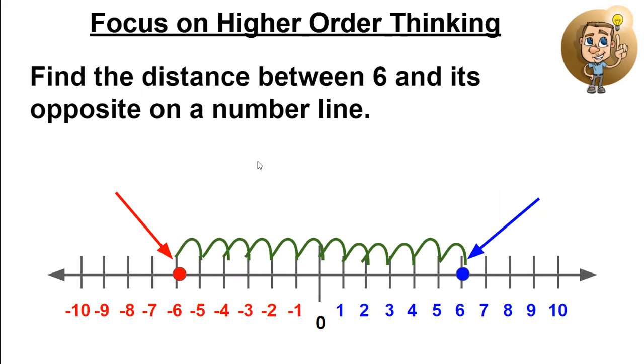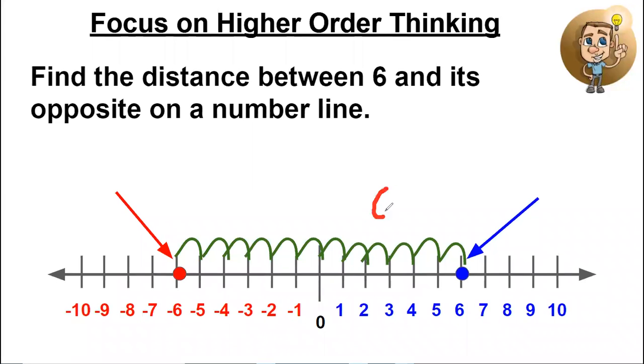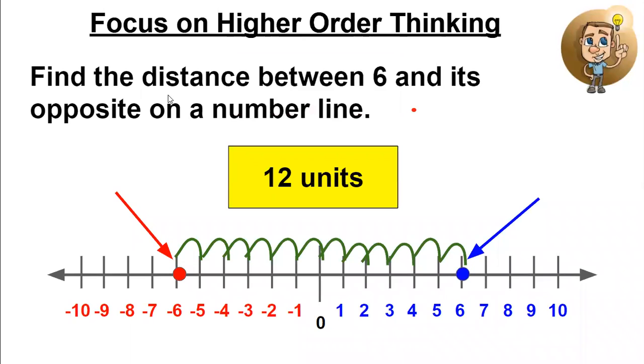So you can say that there are 12 units between the opposite numbers. We have 6 from 0 to 6. We have 6 units from 0 to negative 6. 6 plus 6 equals our 12 units. 12 units between opposite numbers here.